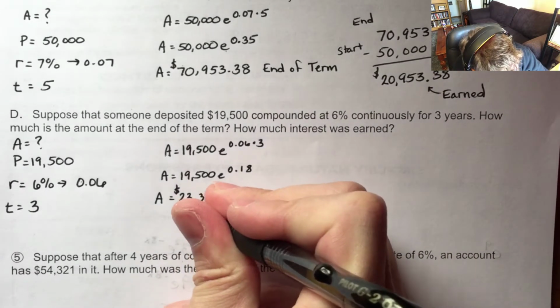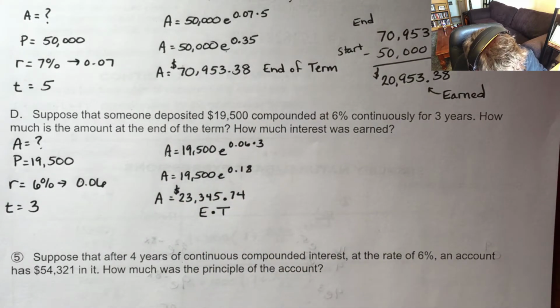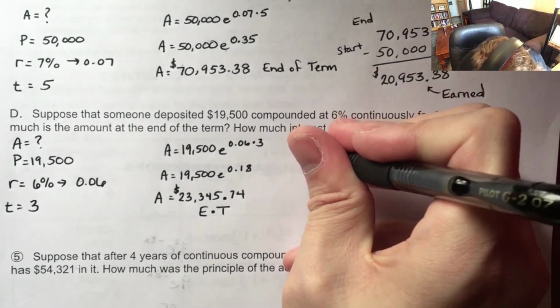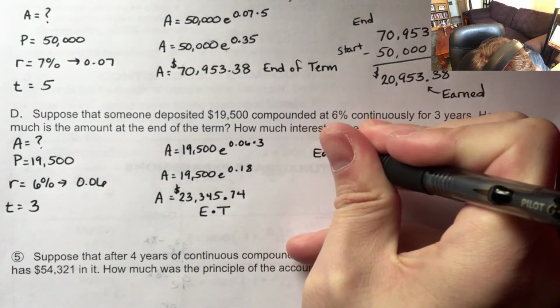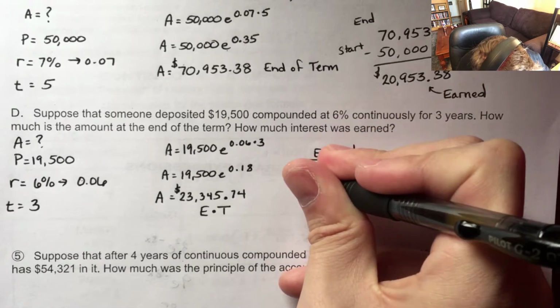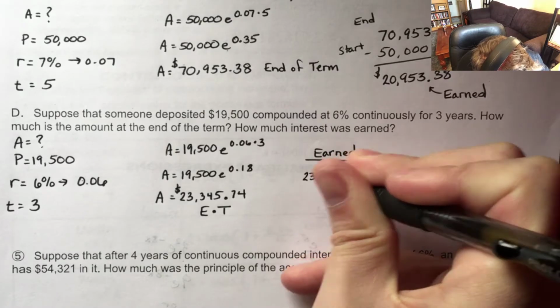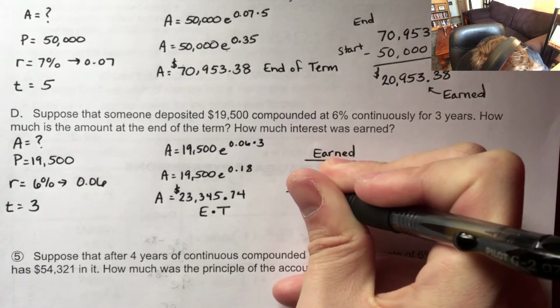Put end of term. And then how much interest was earned? My earned amount is going to be 23,345.74, and I'm going to take away 19,500.